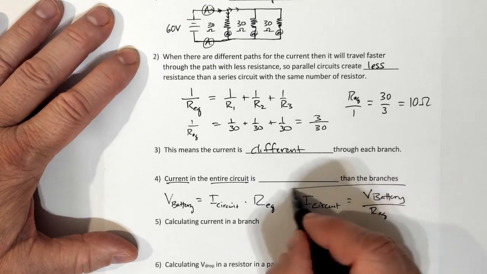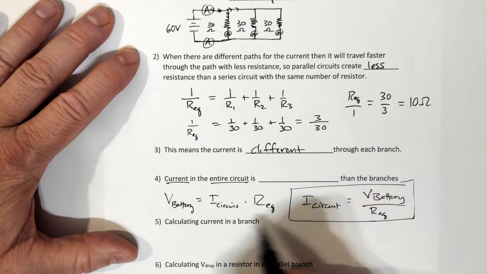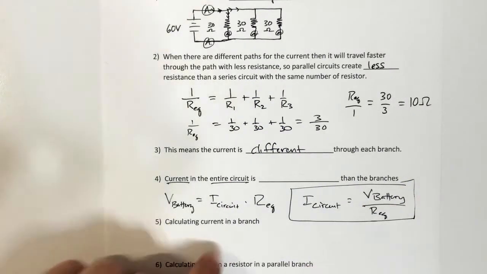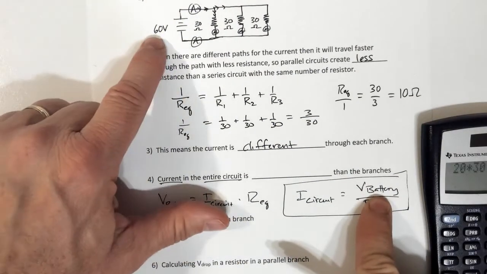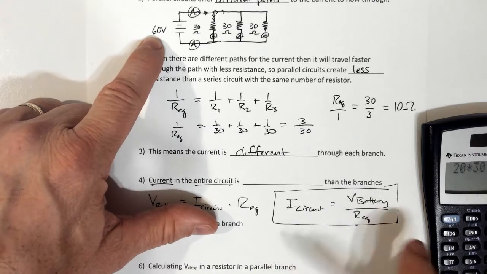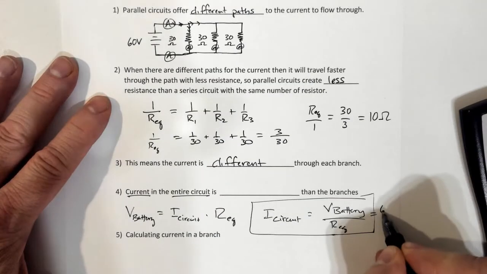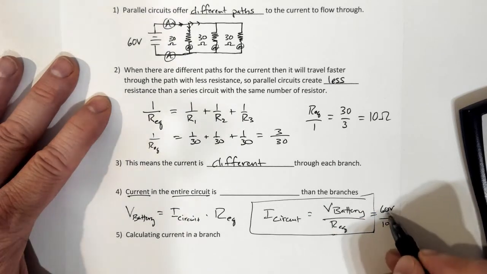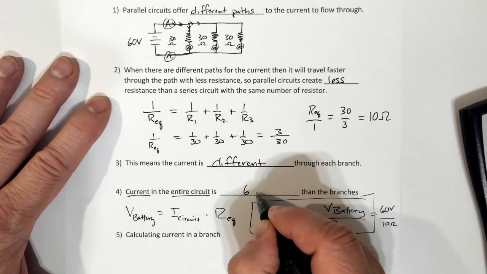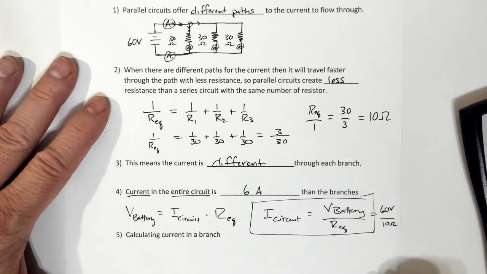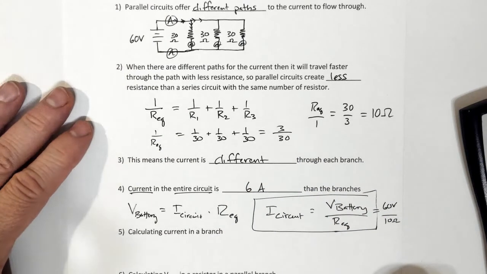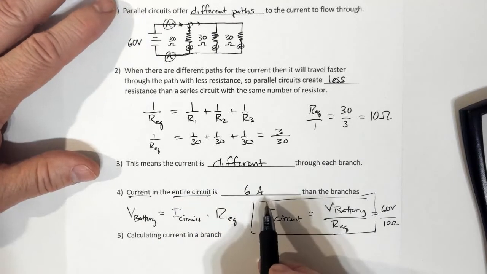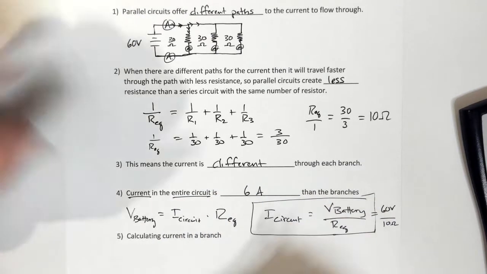So this is the equation that you would use to find the entire circuit current, or flow, I'm sorry. So here we go. The battery was 60 volts, and the R equivalent was 10 ohms. So 60 divided by 10 is 6 amps. So the current in the entire circuit is 6 amps, which is different than in the branches.